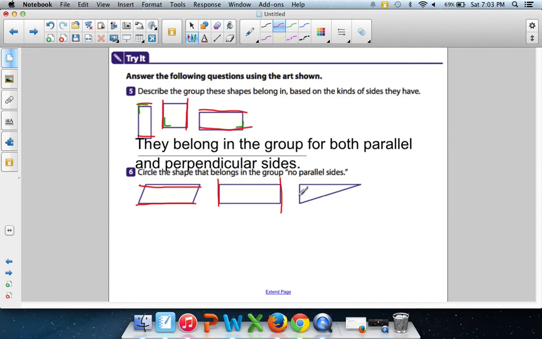Think about this shape. This line crosses with that one. What about these two top lines? Look, they're going to crash. So this one has no parallel sides because every line's going to crash into some other line. So we have to circle it. No parallel sides.